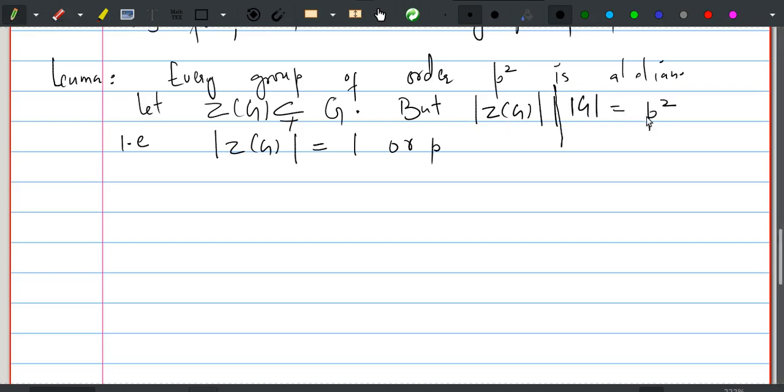But the order of Z(G) cannot be equal to p square. In that case Z(G) is equal to G, but we have assumed that Z(G) is a proper subgroup of G. So there are only two possibilities for this number: either 1 or p.